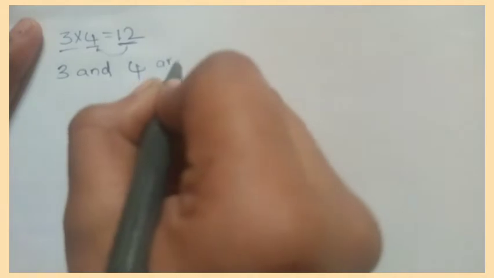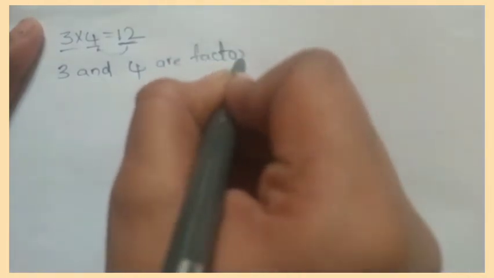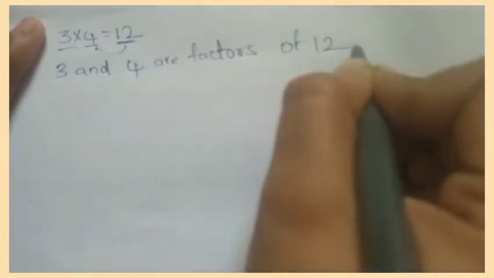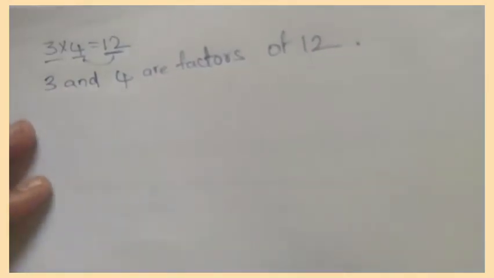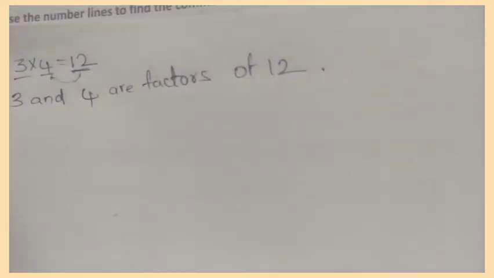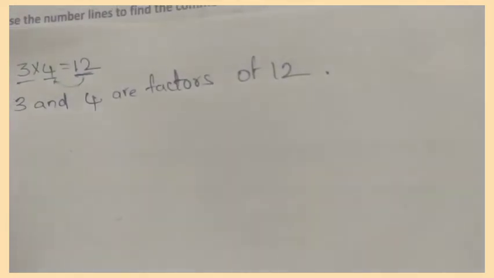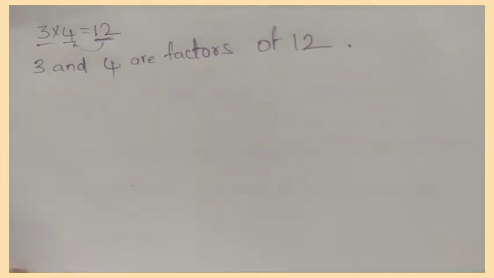3 and 4 are factors of 12. A factor of a number divides the number without leaving a remainder.